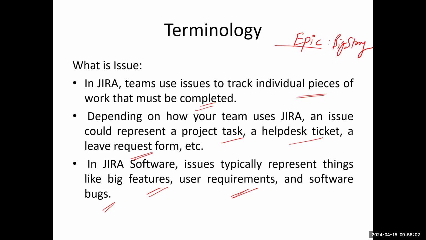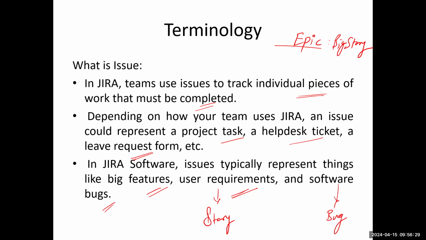It's a big story which we can design, and to implement that story, we can divide it into multiple chunks of user stories, and then we can fulfill that particular story. That's called an epic. So epic is just a big story. A user requirement in terms of Agile is called a story. To remember, software bug, yes, which we can call a defect or any bug, right?